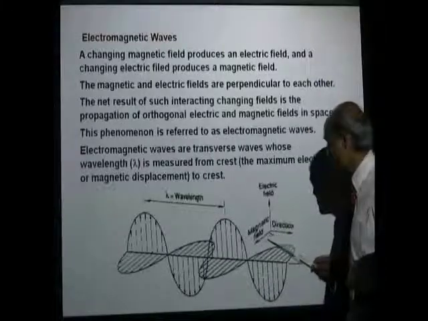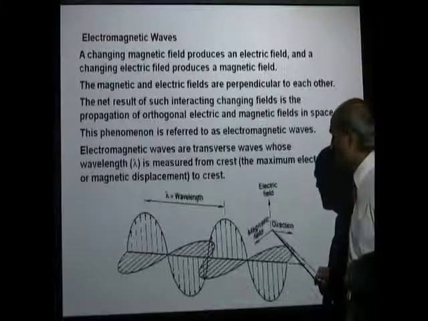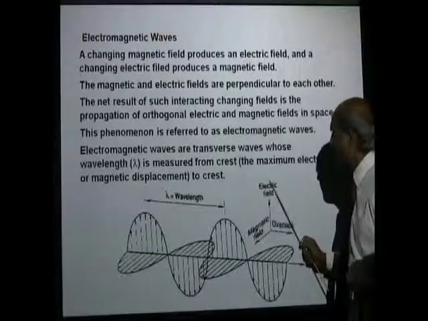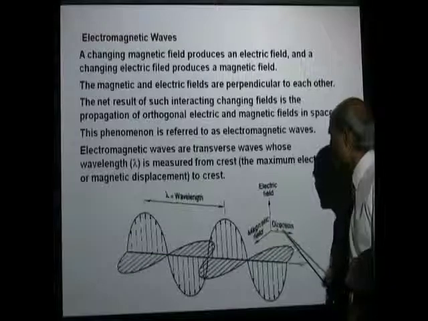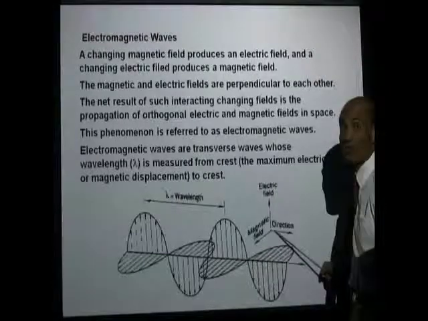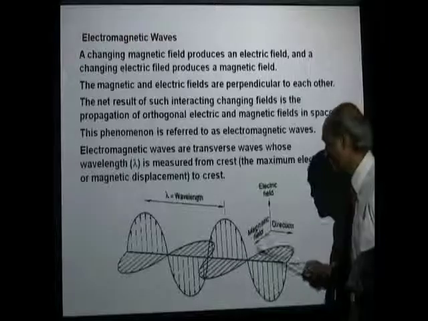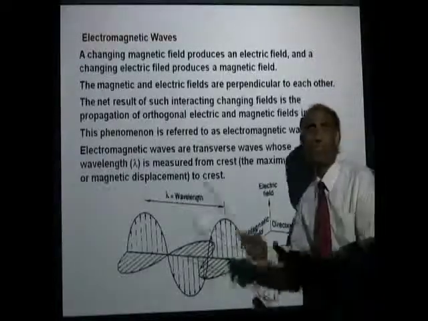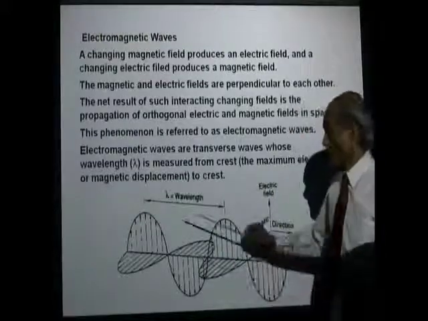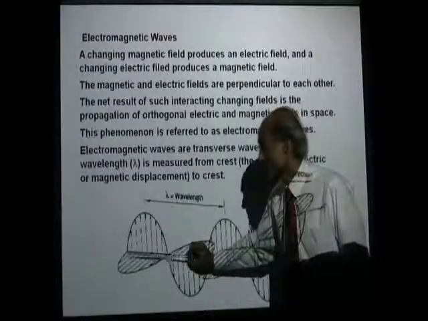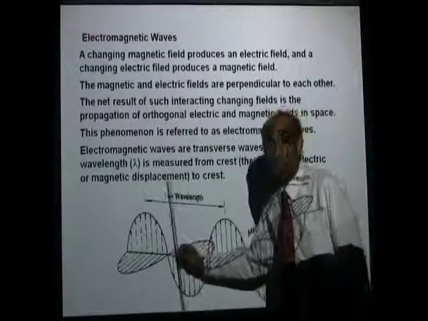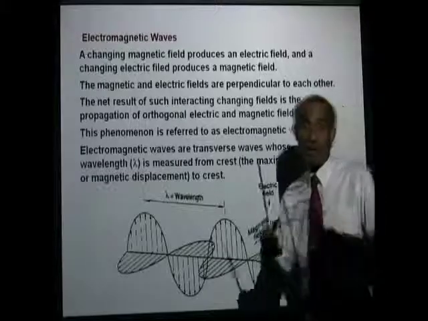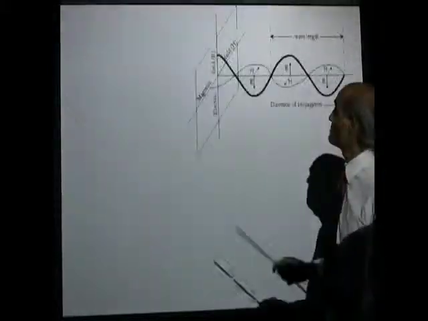So if this is the magnetic field, suppose we call this x direction, and the electric field is in the z direction, then the direction of propagation is the y direction. Is that right? If this is x and this is z and this will be y, you can actually orient it in any way you want. The most important thing is the magnetic field, the electric field, and the direction of propagation are mutually perpendicular to each other.